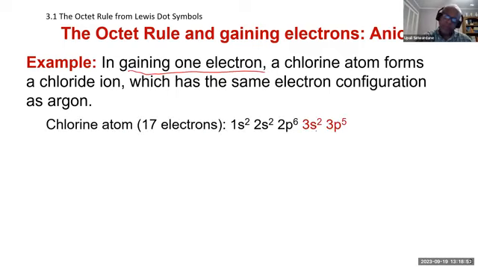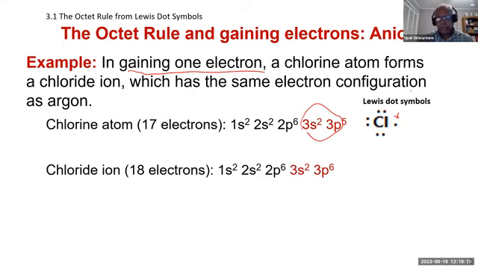Chlorine has an incomplete octet, shown by the missing dot here. So it gains an electron and completes the octet. Non-metals get the electron configuration of the succeeding noble gas, argon.